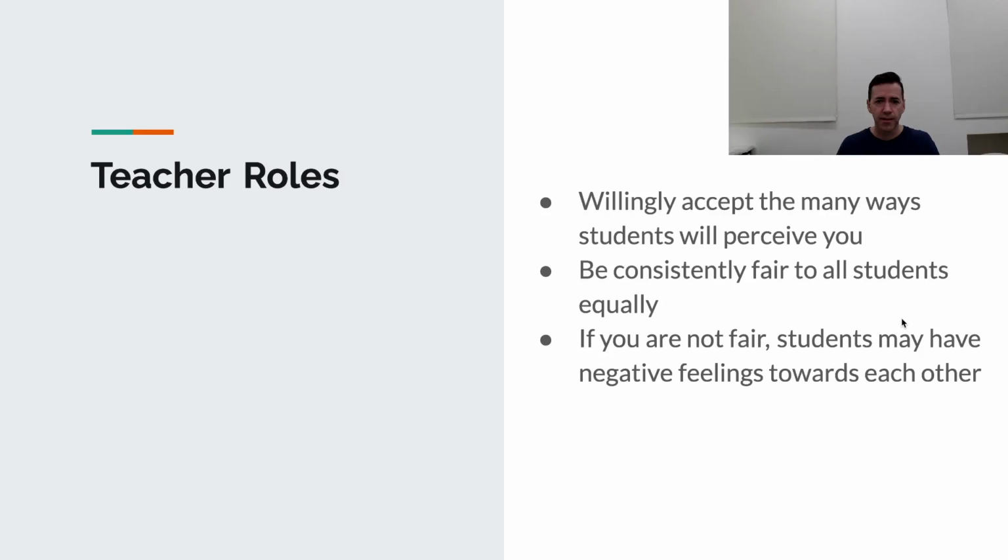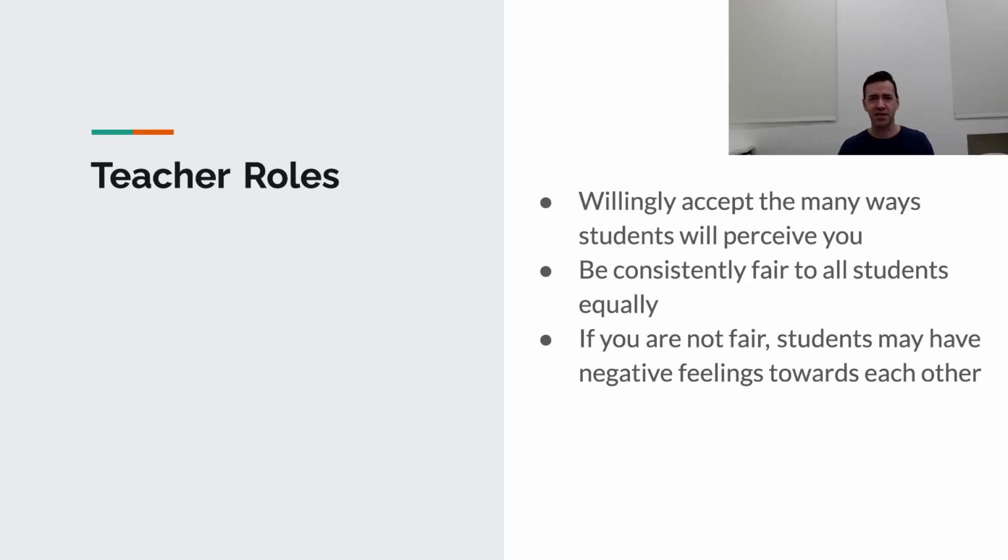Okay. Teacher roles. So in your classroom, as I mentioned before, you have to accept the many ways that students will perceive you. They're not all going to view you as the best friend that you want to be to them. Some of them are going to see you as mean. Some will think you're nice. Some will think you're boring. Some will think you're funny. It doesn't matter.